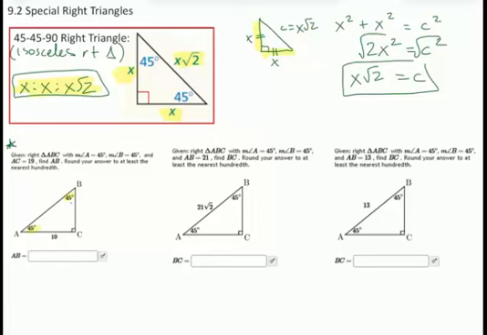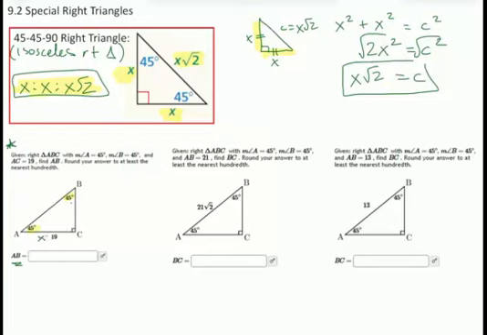Once you know that the legs are the same length, the hypotenuse is the length of the leg times root 2. So if we're asked what is the length AB, and we're given 19 as one of the legs, what would AB equal based on that pattern? x, x, x root 2.